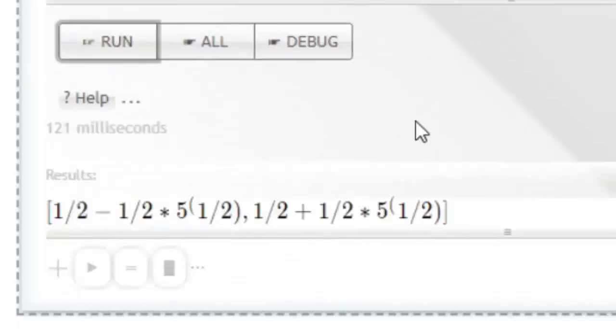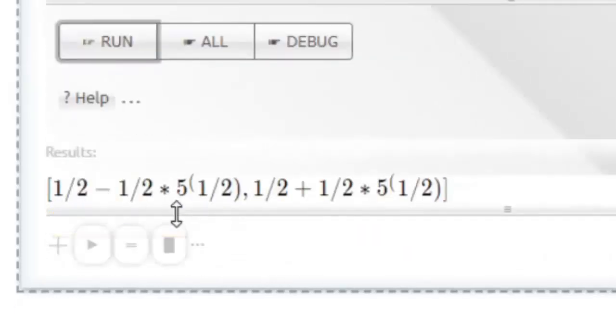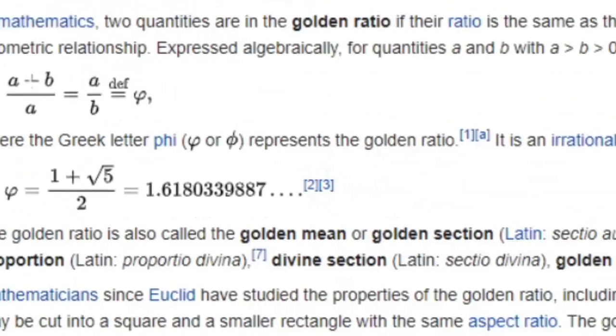It'll give you this answer, 1 half minus 1 half multiplied by 5 to the power of half, which is the square root of 5. So this is equal to 1 minus square root of 5 divided by 2, and this will be 1 plus square root of 5 divided by 2, and that's what they are having here.